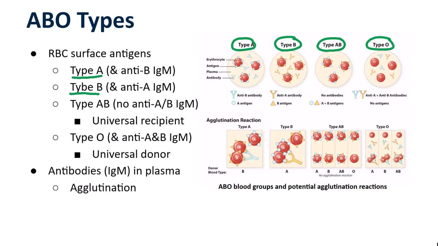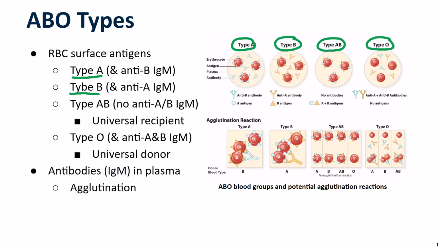Now, one of the more interesting things about the ABO blood group is that it's very typical for a person to have antibodies against the surface antigen that they don't have on their own red blood cells.